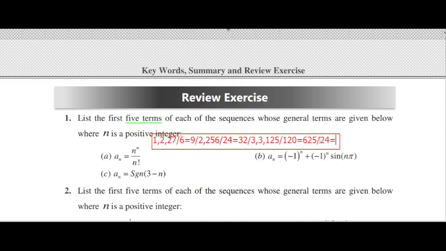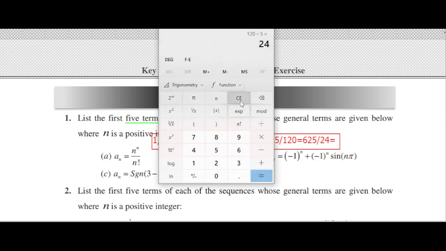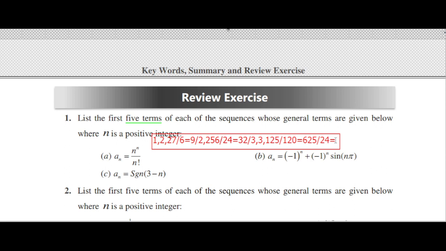Let's see if it can be simplified further. 625 by 3, can't simplify. Let's try one more, and we can't simplify after this. So these are all 5 terms for this sequence.